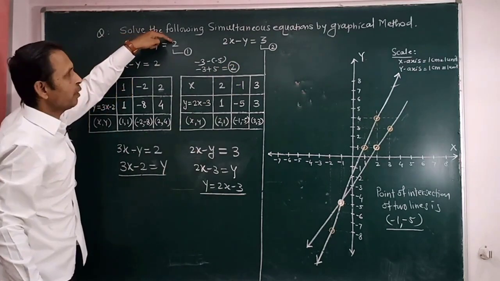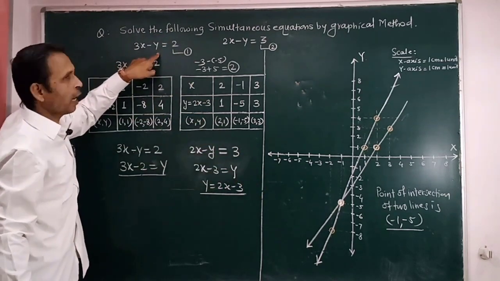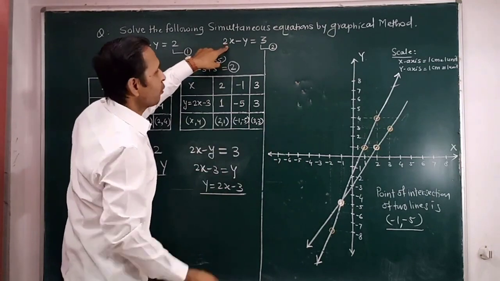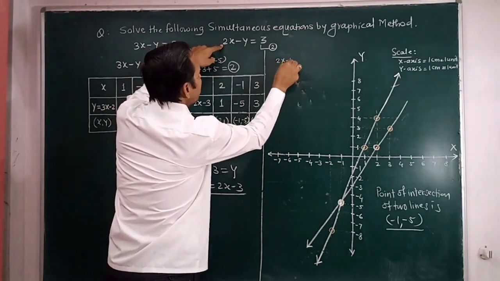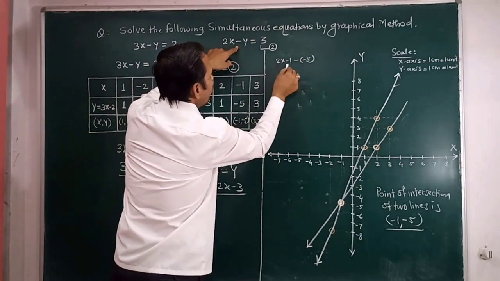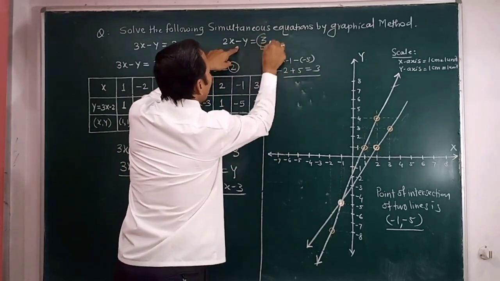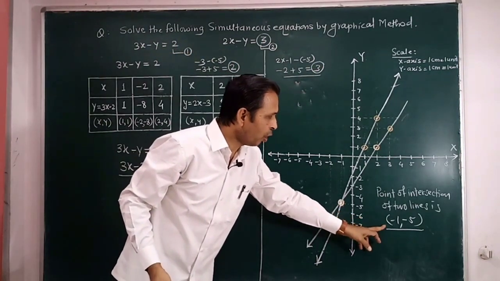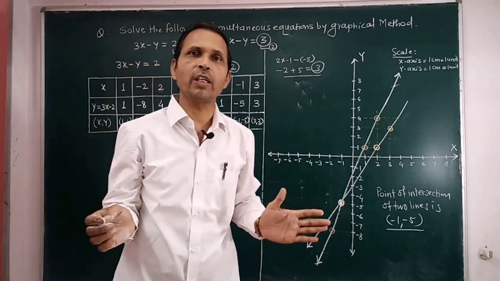Again we get the value 2, and that's why this point lies on this graph. Again put this value in this equation. 2 into x means 2 into minus 1, minus of minus 5. 2 into minus 1 is minus 2, plus 5 is equal to 3. Again the RHS is the same, that is 3, and that's why the coordinates of the point of intersection satisfy both equations.